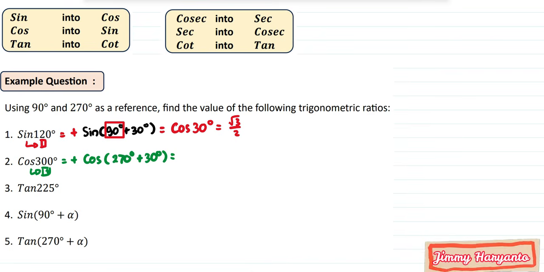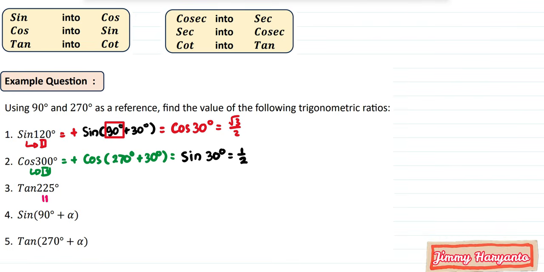If the question didn't ask you to use 90 and 270, I think you better use 180 and 360. It's easier. So this one is positive cos. The cos will become sine, and then you ignore the 270. You have sine 30, which equals half.